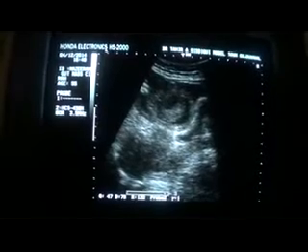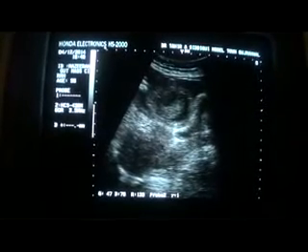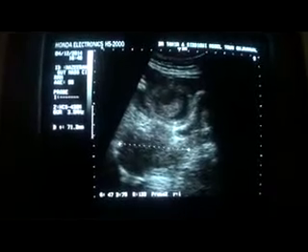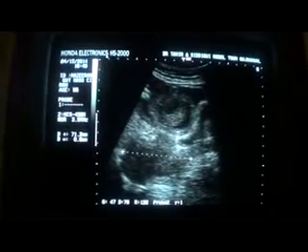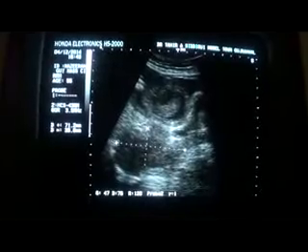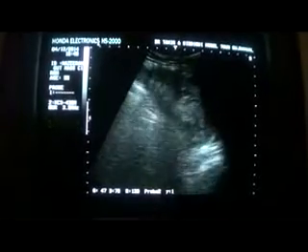Now you see, this is the urinary bladder and this is the uterus of this postmenopausal 55 years old female. So the uterus is with a normal dimension.